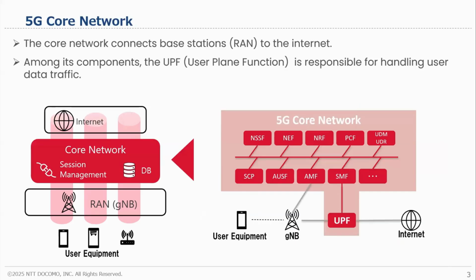So the 5G core network is positioned between the radio access network and the internet. It not only handles the user traffic, but also realizes functions like session management and authentication.